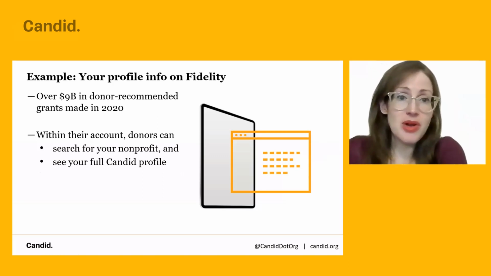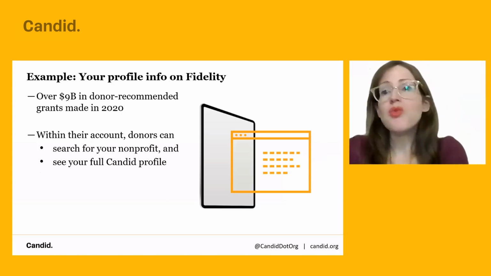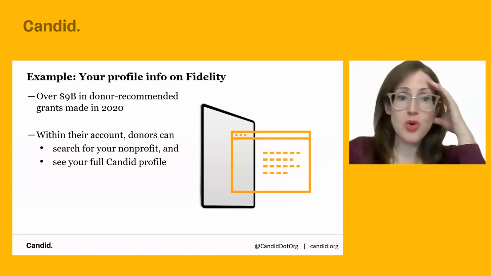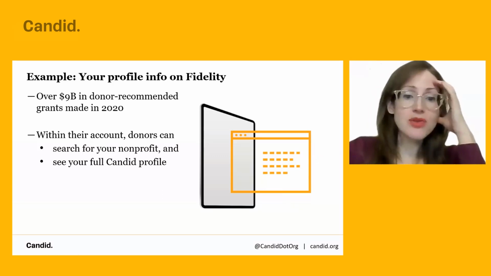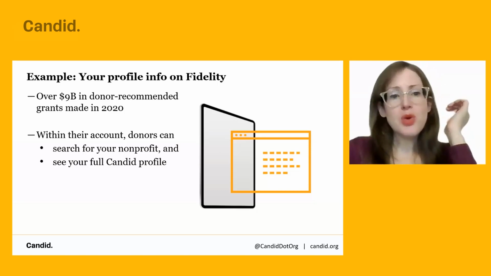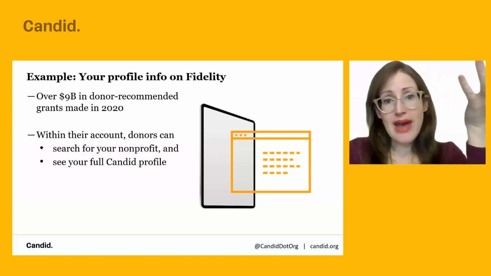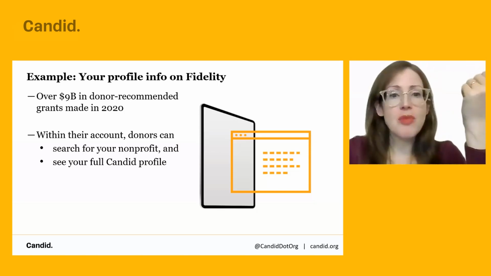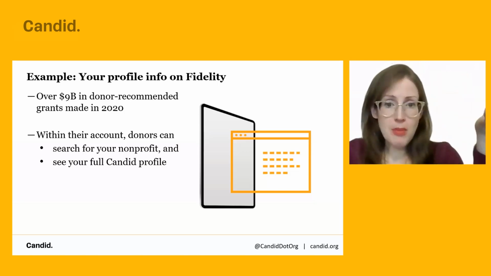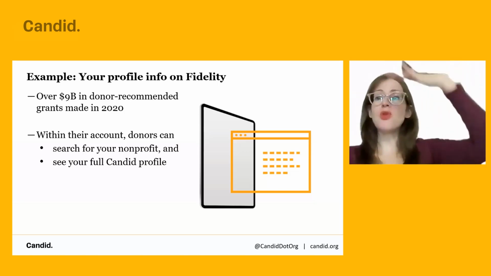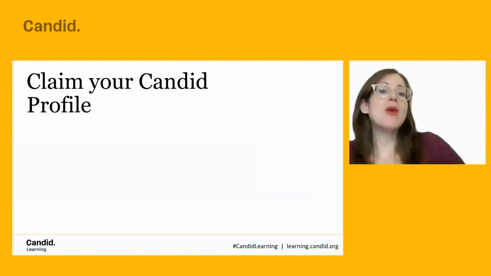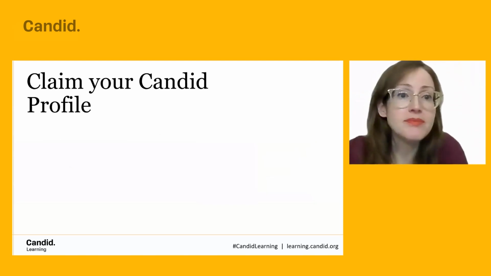I talked about this a moment ago. So these are growing immensely, a lot of these donor advised funds. Billions of dollars are going to organizations through these. So whenever donors are on their account through, say, Fidelity Charitable, they're able to search for your nonprofit if they want, and they can see your full profile. So the question is, how much information have you put in there?